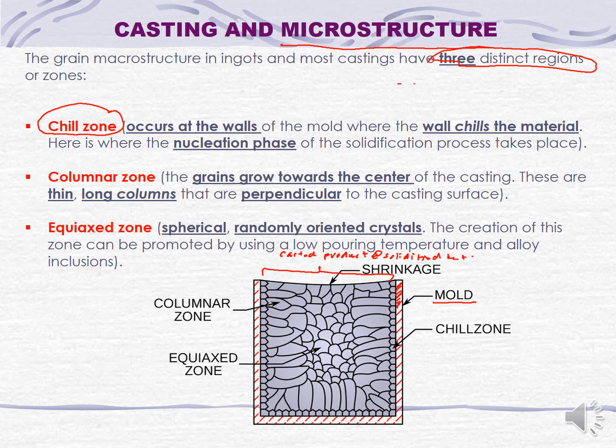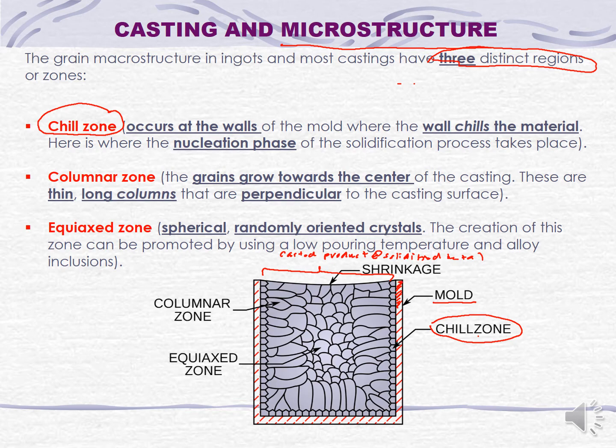For the microstructure of the solidified metal, it can be divided into 3 zones. The first one is the chill zone. Chill zone is the zone just next to the mold. It occurs on the wall of the mold where the wall chills the material.